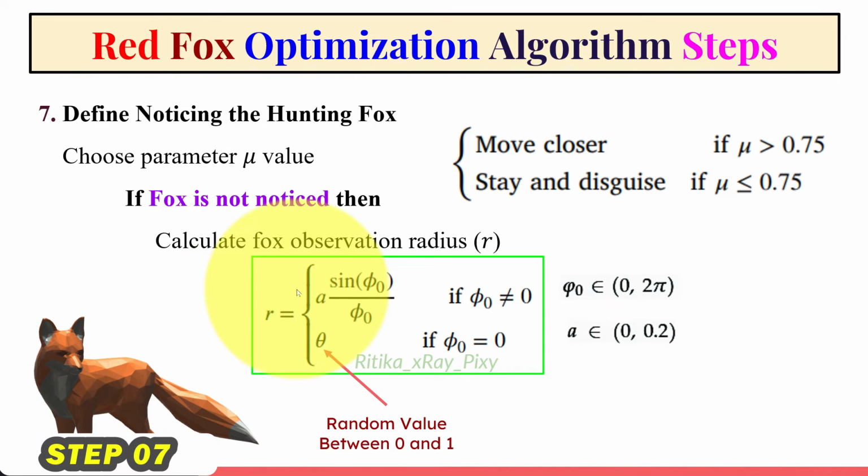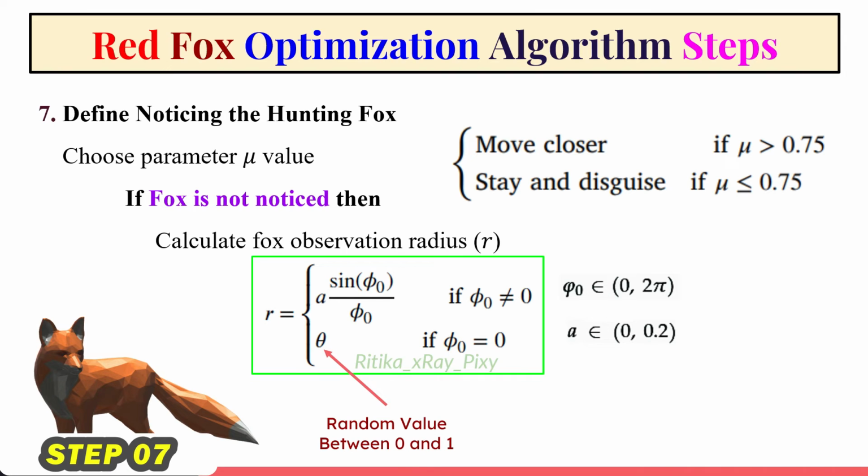Here two parameters are used for the fox movement observation radius. First we have the value for alpha, which is between 0 and 0.2. This is the scaling parameter set only once for all individuals in the iteration. We use this to model the distance between the fox and the target. The next parameter is phi naught, which we already declared before, that is the fox observation parameter.